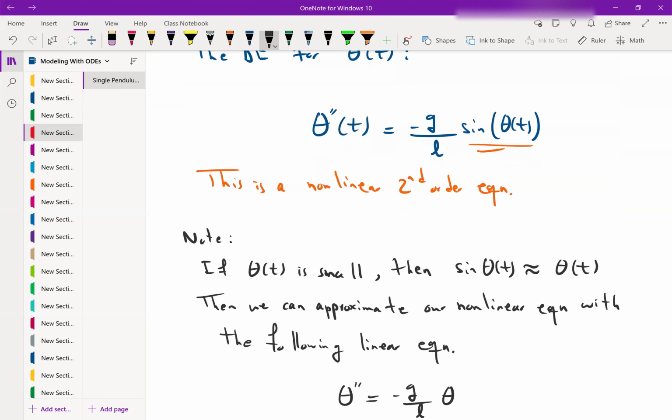And this is a second order linear equation for which we have a standard solution technique. For theta small, we can approximate that nonlinear governing ODE with this linear ODE, and this one we can easily solve, find the exact solutions. Second order linear ODE. Excellent.